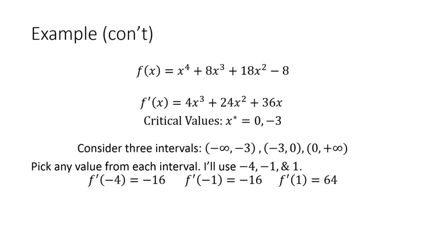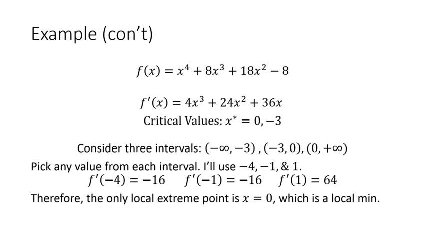Now that I've done that, what I see is that the first derivative is negative on the interval -infinity to -3, negative on the interval -3 to 0, and positive on the interval 0 to +infinity. So the only extreme point is x equals 0, because where x equals -3, the derivative has the same sign on both sides.